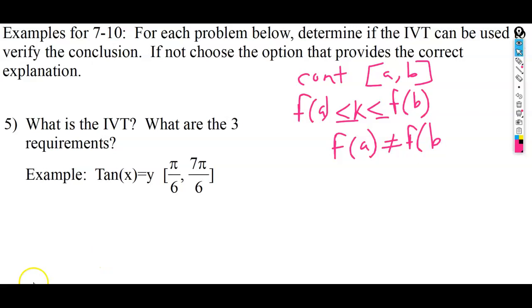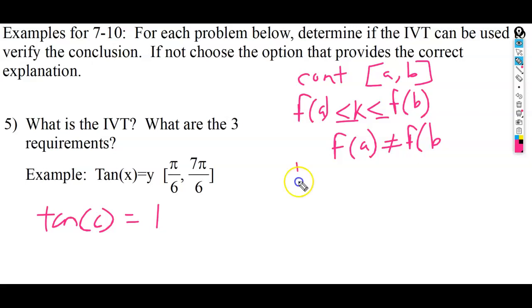All right, so let's just say, can we use the IVT to prove that tangent of C is equal to 1? There has to be some value of C on that interval where tangent of C is equal to 1.